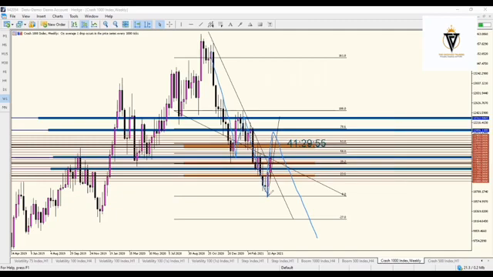I'm seeing that I might likely see this, or might see a different scenario like this, like this, like this, and then to the upside, and look forward to buying somewhere here.